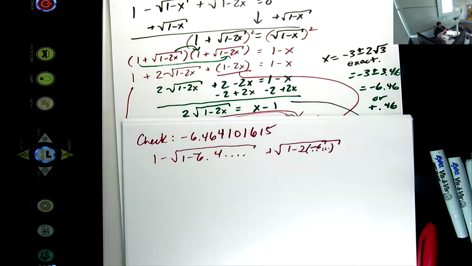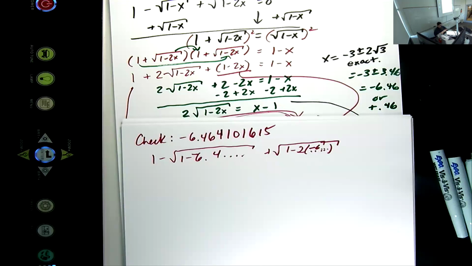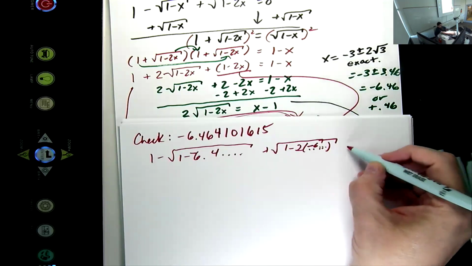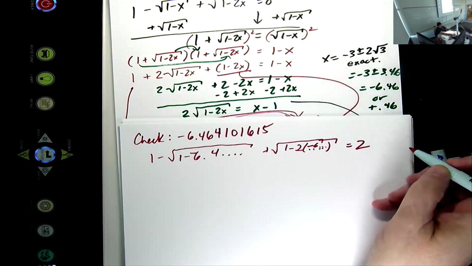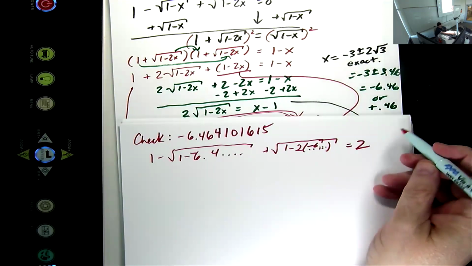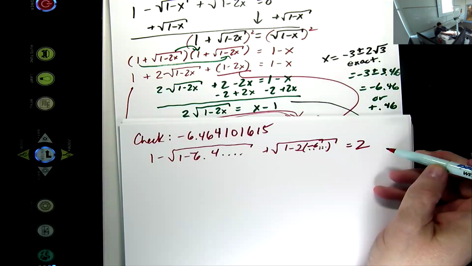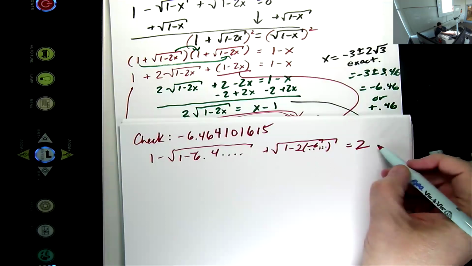Plus the square root, parentheses, 1 minus 2 times the answer. And I'm getting 2. It's not 0.